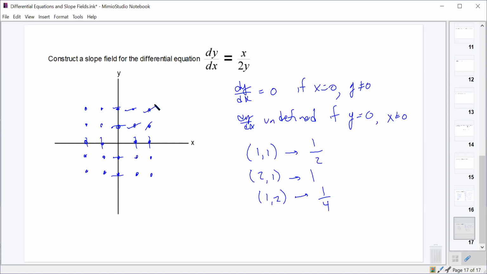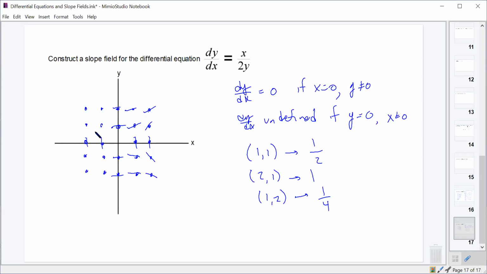And anytime we have this quotient or this product of them, we should be able to mirror this in both the second and the fourth quadrants. We should be able to mirror whatever we got in the first quadrant. So if I mirror this down here into the fourth quadrant, I should have a negative a half and a negative 1 and a negative 1/4 and a negative 1/2.